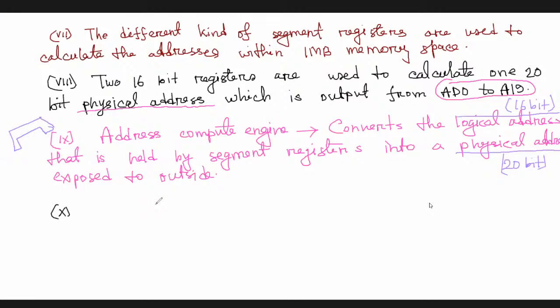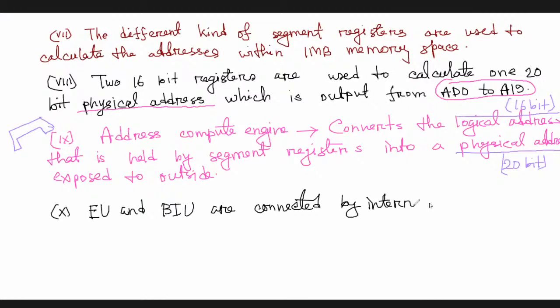These EU and BIU are connected by internal buses. EU means execution unit, and BIU and EU are connected by internal buses.